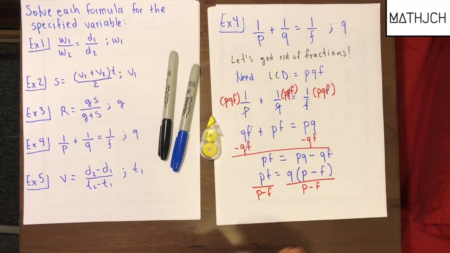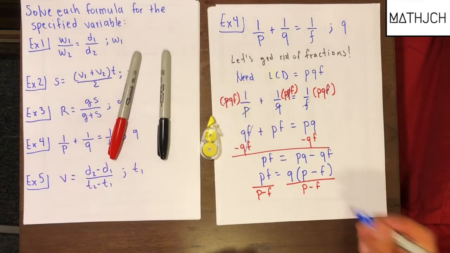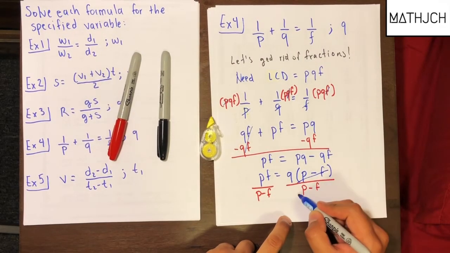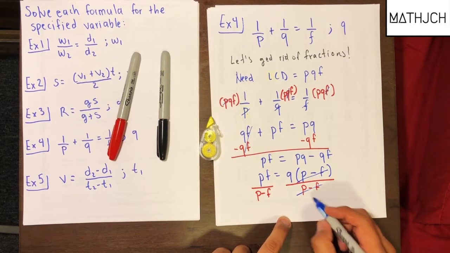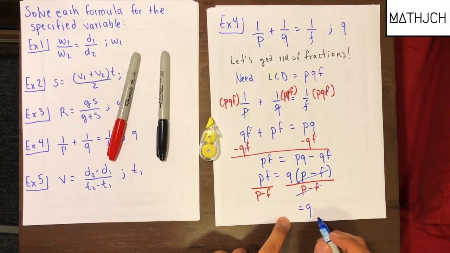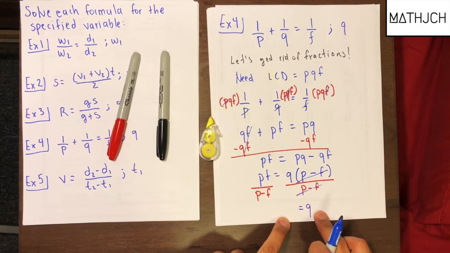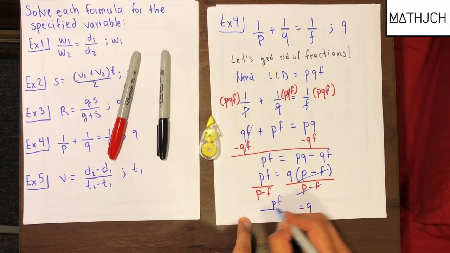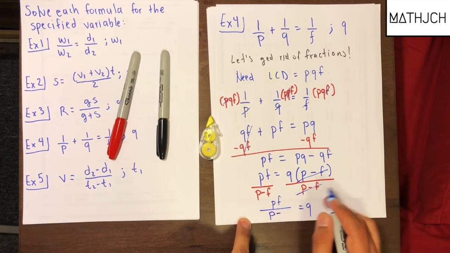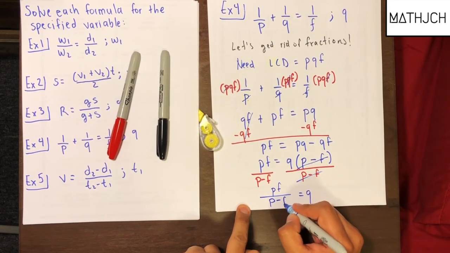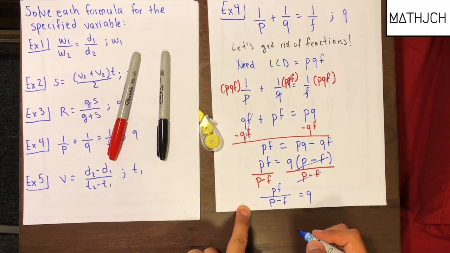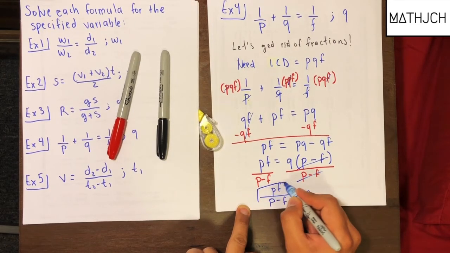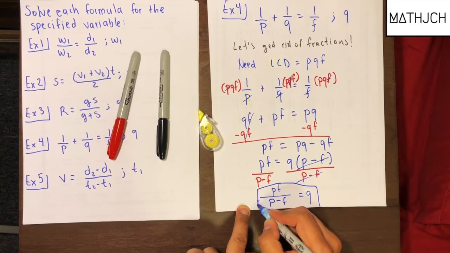In this case, P minus F. This way, this P minus F and this P minus F will cancel. So we are left with Q equals, on the right side, we are left with only Q, with PF divided by P minus F. And that's going to be our final solution.